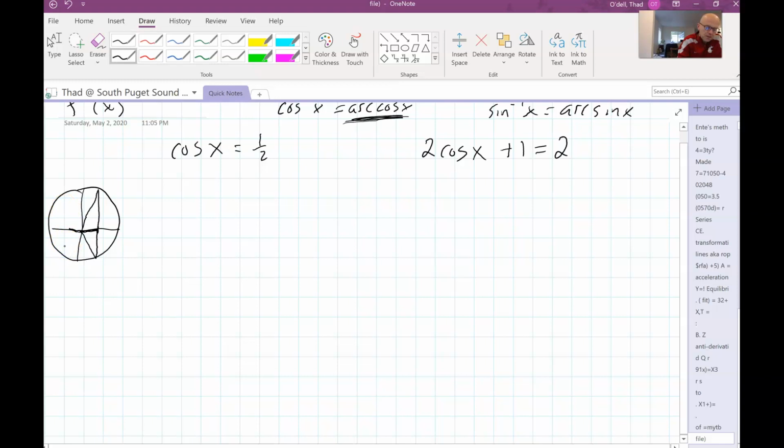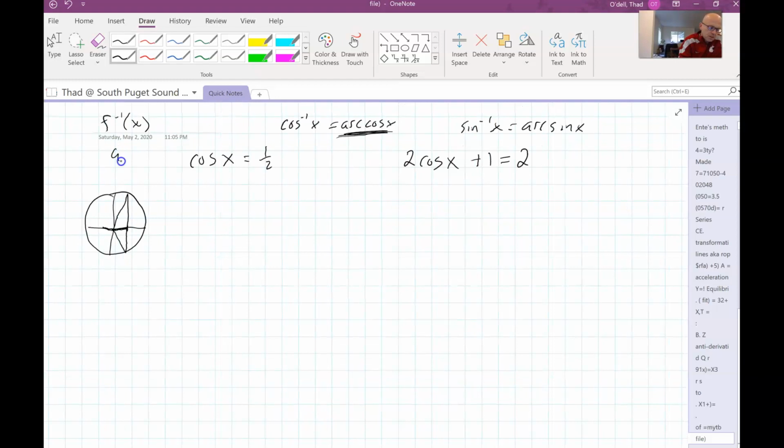So we're trying to undo cosine. So the action we're actually going to do is arc cosine of cosine x and arc cosine of 1/2. So of course arc cosine of cosine x is just x.